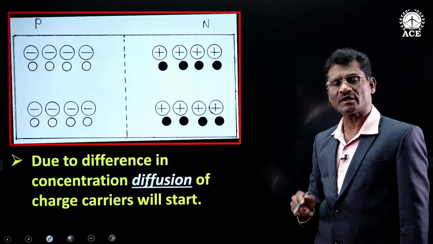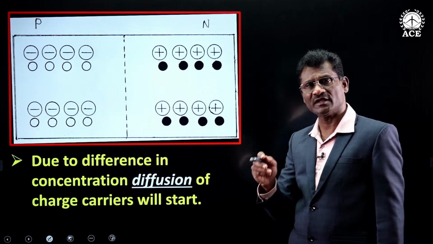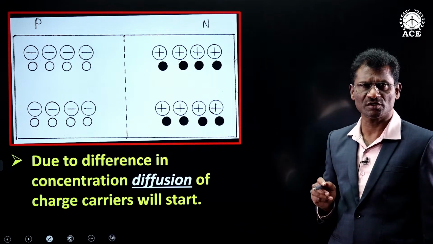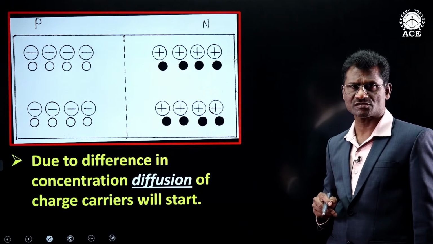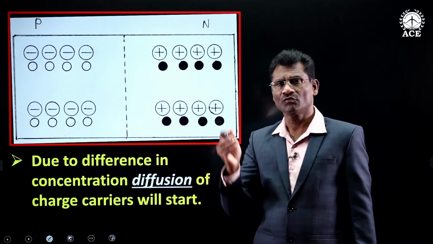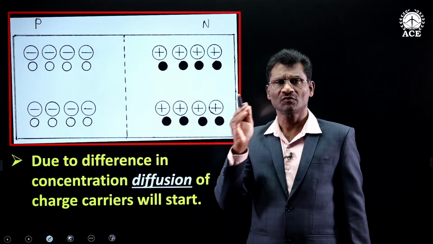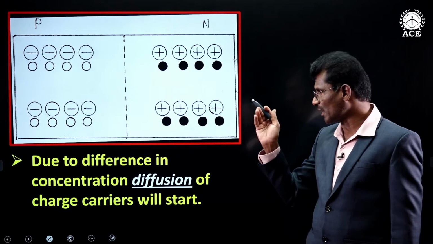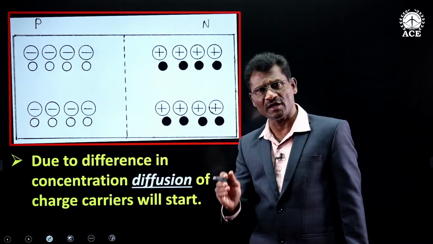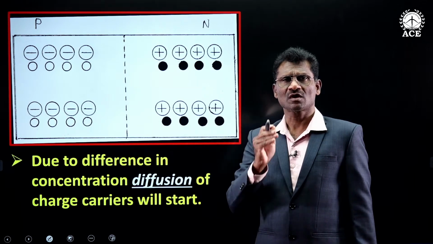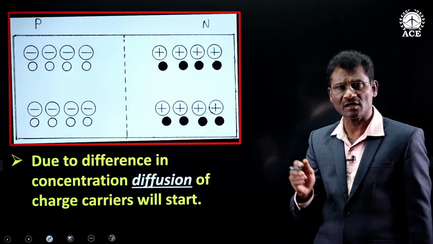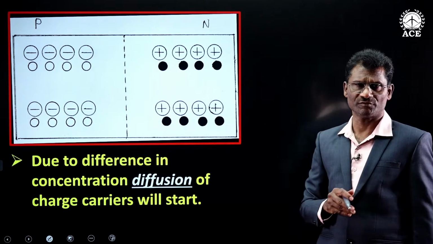Diffusion says that whenever there is a difference in concentration, charge carriers move from higher concentrated area to lower concentrated area until uniform carrier concentration is achieved.